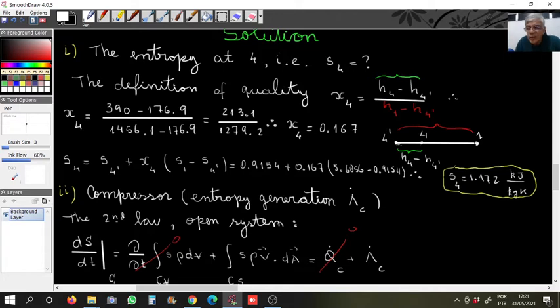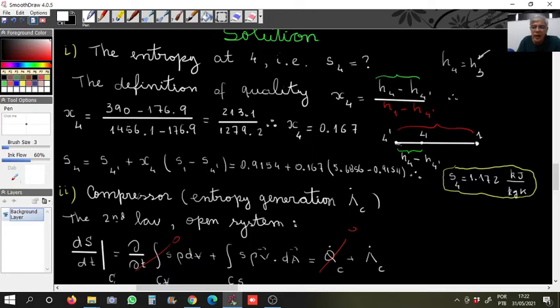Now, what is good is that I have H4, though I don't have the entropy S4. I have H4 because, from the assumption for the expansion valve, H4 is equal to H3.